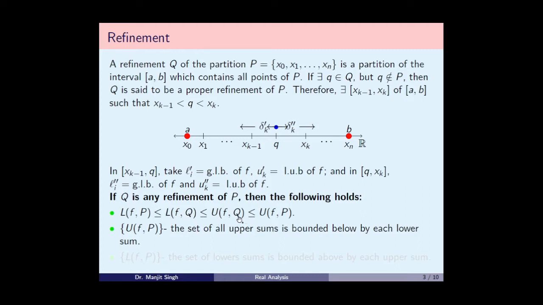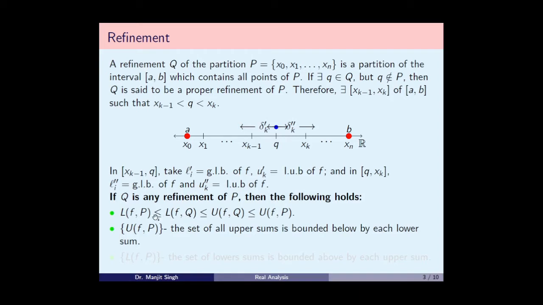Q is a refinement of P, but the upper sum corresponding to this refinement is lesser than the upper sum corresponding to P, and the lower sum with P is less than the lower sum of the refinement Q.